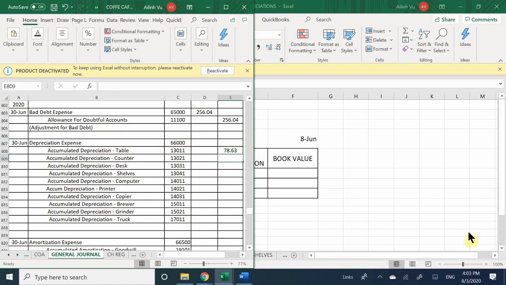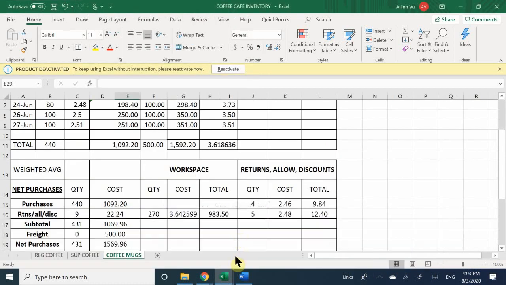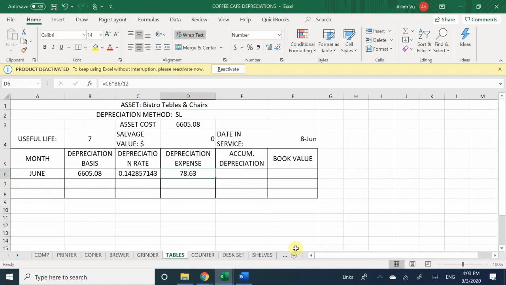Okay. What is that number for? Oh, never mind. $78.63 for the depreciation expense for the tables.